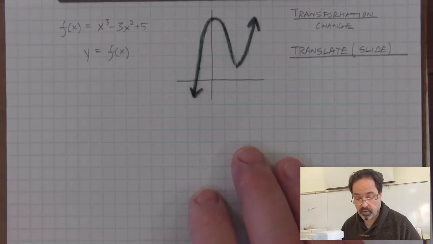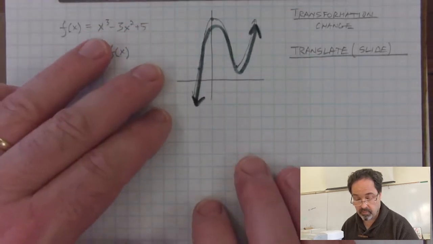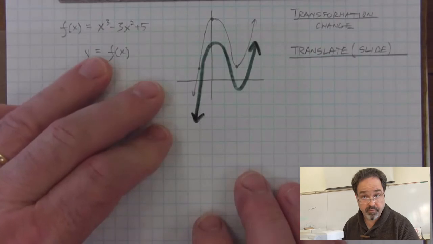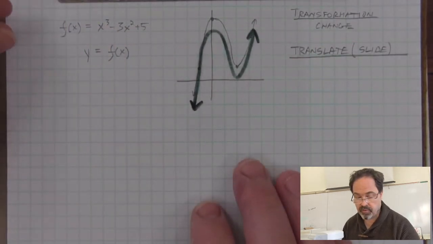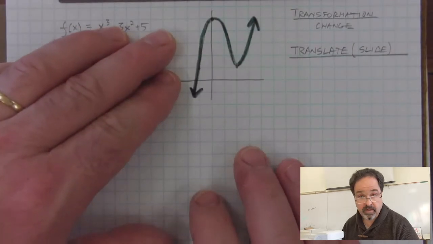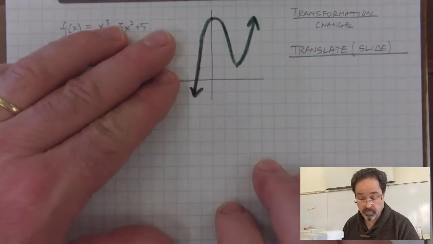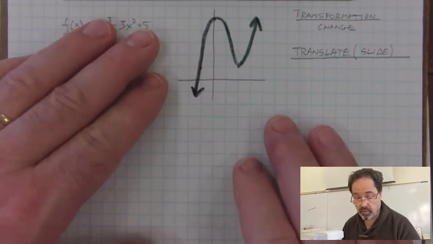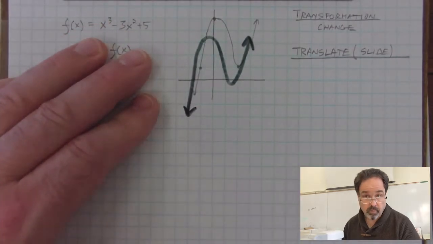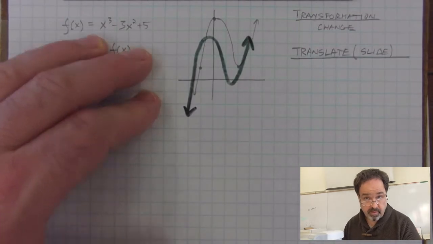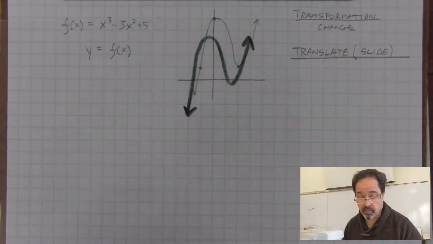We could also translate vertically in the two directions up and down, which means moving all of the points by the same amount up or down. And we can accomplish a translation or slide in any direction as a combination of those two. If we wanted to go down and to the left, we would go down independent of left, and then together they would look like it went in an oblique direction.